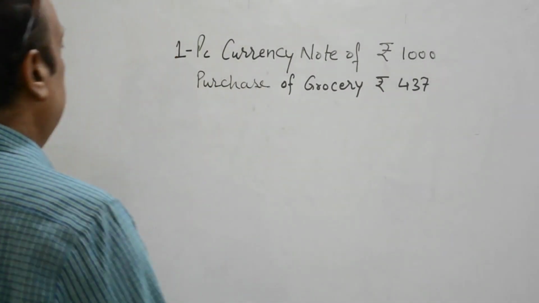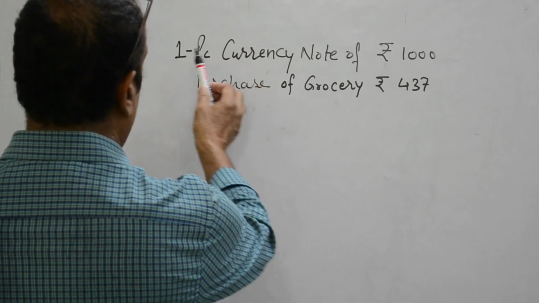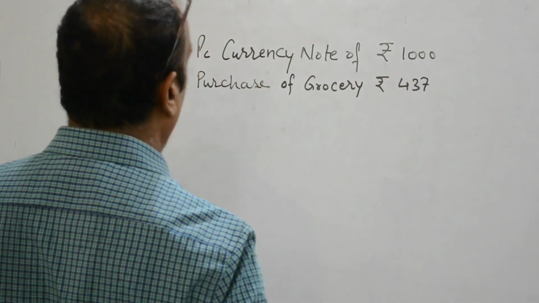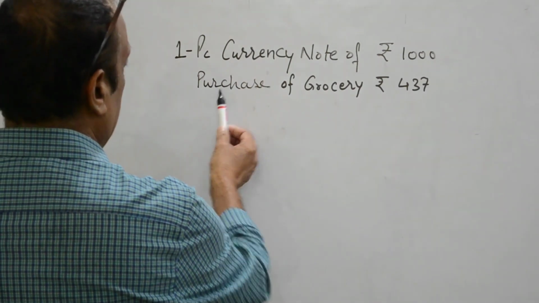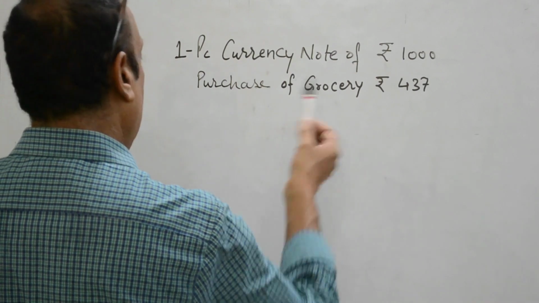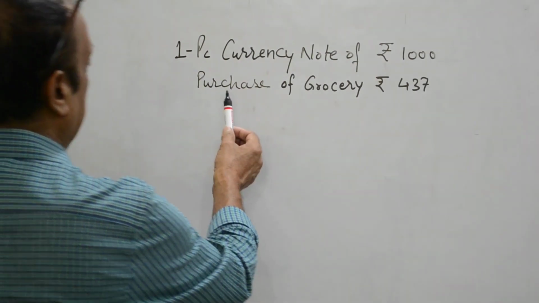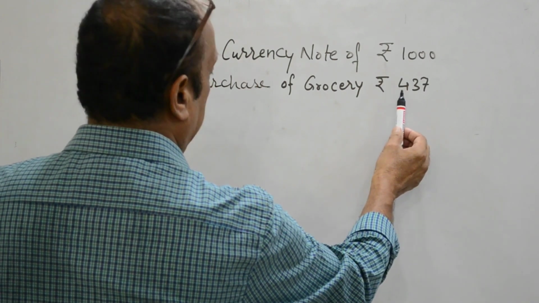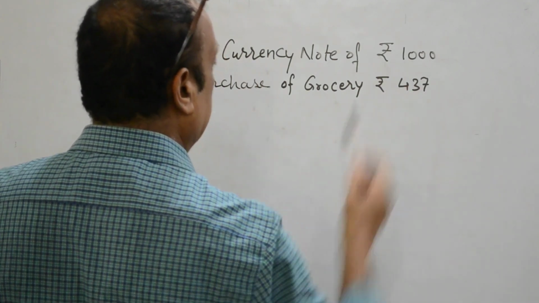Suppose a person has a one piece currency note of rupees 1000 and he has gone to a grocery shop to buy certain grocery items, and he made a purchase worth rupees 437.